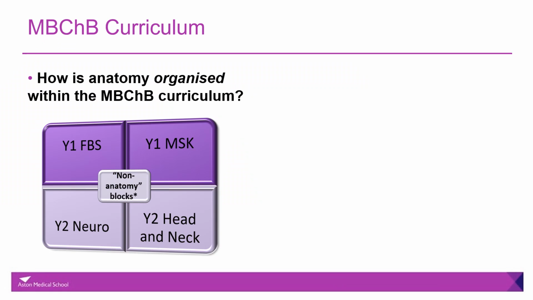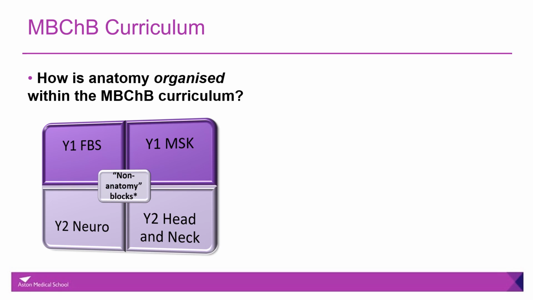You'll be pleased to know that we only teach you human anatomy, and we try our best to only teach you and test you on anatomy that is clinically relevant. In year 1 and 2, there are anatomy heavy blocks. In term 1, teaching period 1, you will start with fundamentals of body structure, which is FBS.